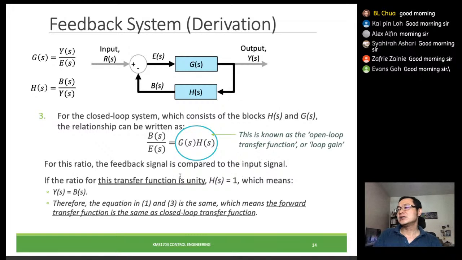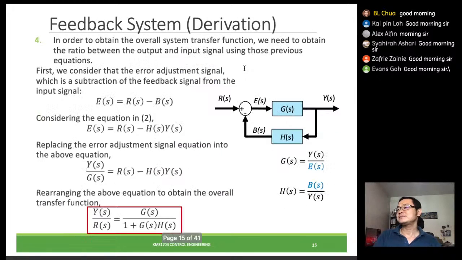So eventually this B signal will be equal to Y, the output. In that sense, it is the same as a closed loop. So eventually it looks like it is the same.